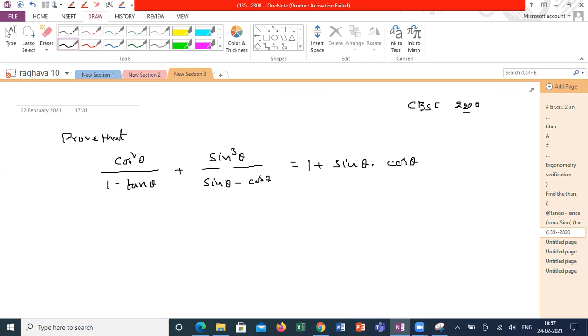Guys, please try this question. How to do it? Okay. Take the LHS, convert into sin and cos. Try in that method.